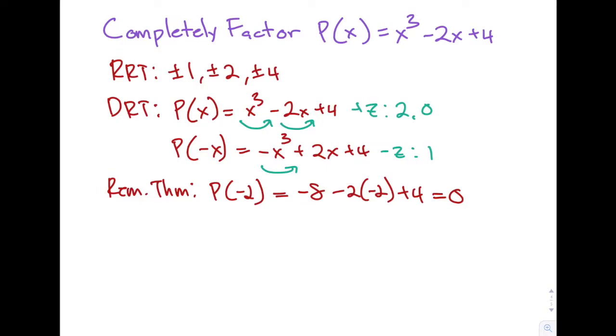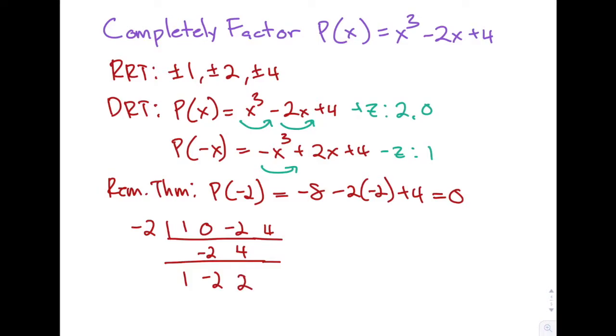So now we will factor that out. We need a 1, a 0, since there's no x squared term, a -2, and a 4. Drop the 1 down. -2 times 1 is -2. 0 plus -2 is -2. -2 times -2 is 4. -2 plus 4 is 2. -2 times 2 is -4.